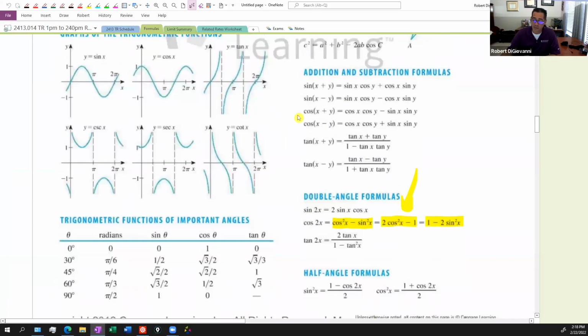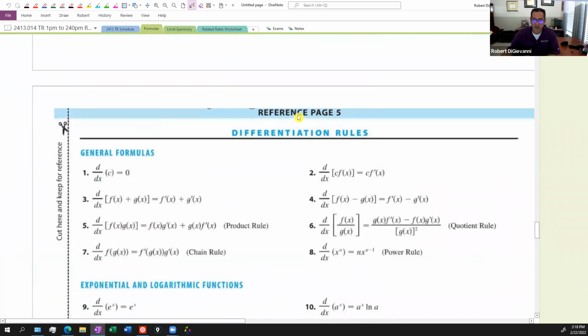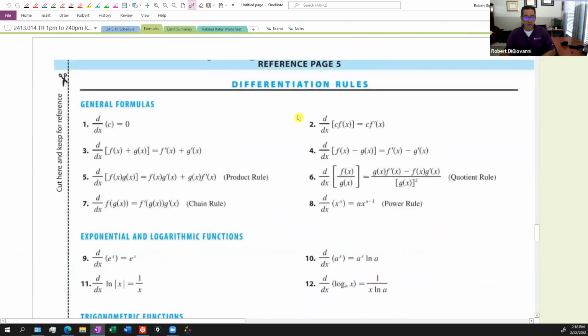On your formula sheet, on reference page 5, all the rules that I've given you today are here. Derivative of a constant is 0. If you have a plus between 2 functions, you can break it up into 2. If you have a minus between 2 functions, you can break it up into 2. If you have a constant, it comes for the ride, right? Power rule. We've covered all of those today, all right?